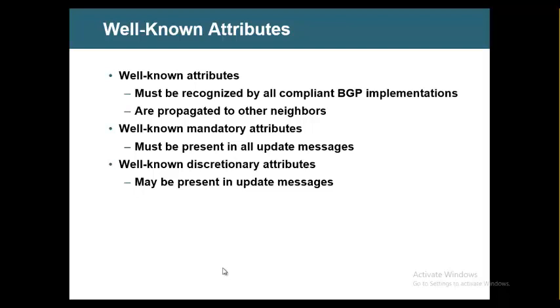Now, in that well-known attribute, you have mandatory attribute and you have discretionary attribute. The mandatory attributes must be seen on every update message. Example, I already said next hop is one example.